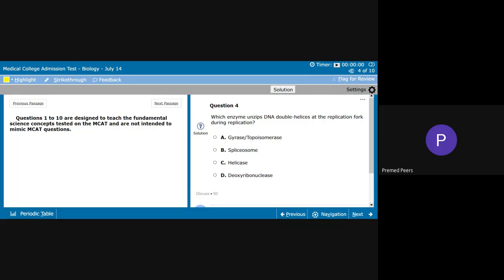Exactly, ligase. That wasn't asked, I just wanted to check. Did everyone agree this one was pretty easy? Yes, exactly. You've got to unwind it before you can do any replication.